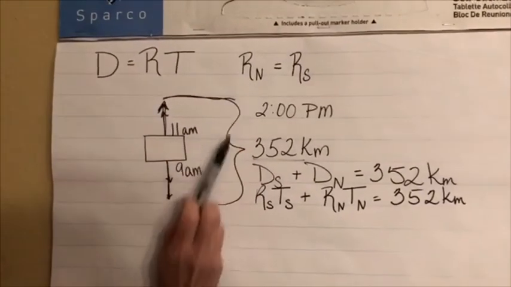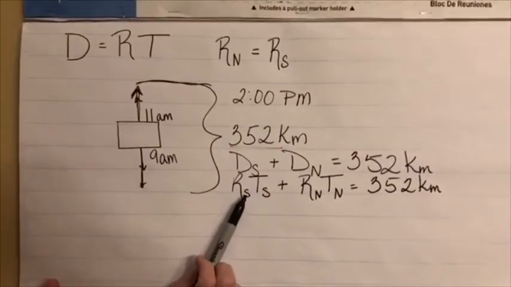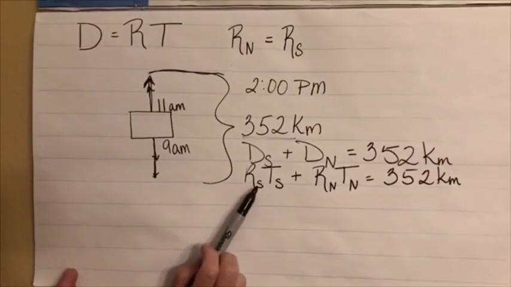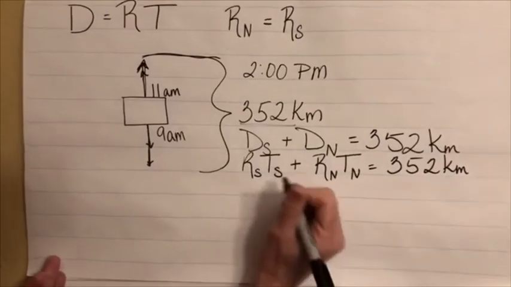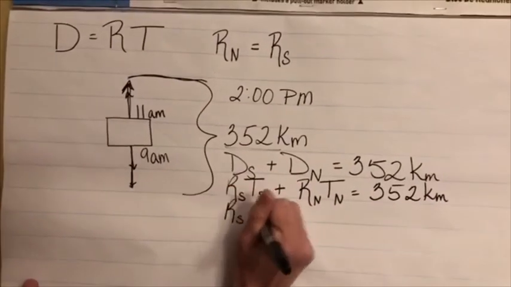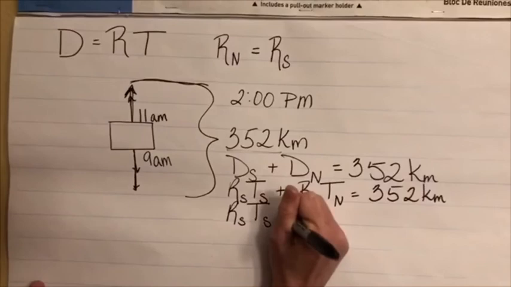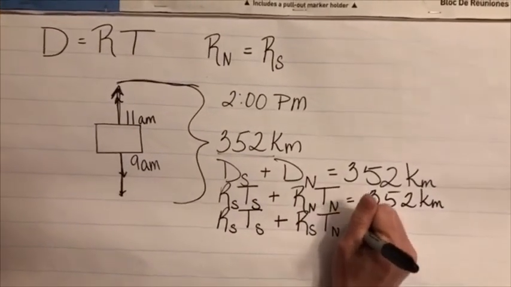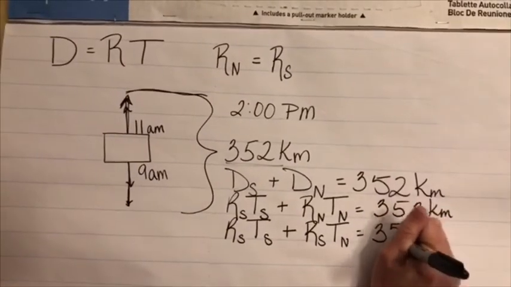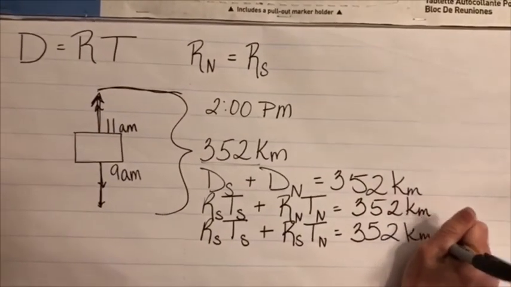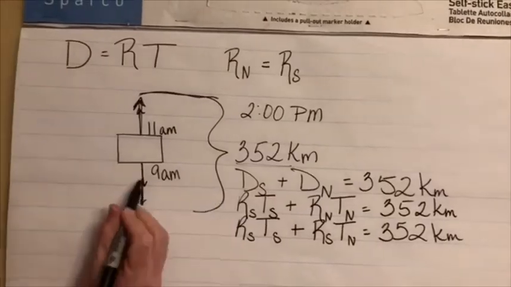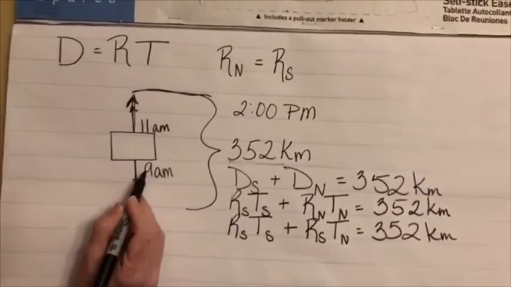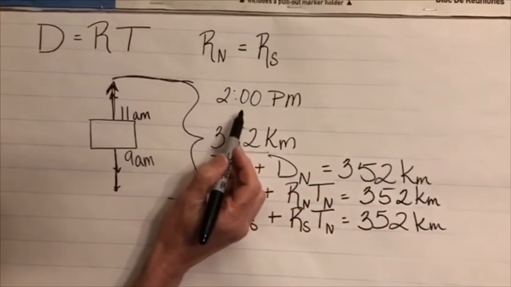So we can actually just use either the southbound or the northbound. We don't have to specify which it is. All right, so I'm just going to say that the rate of the southbound bus times the time of the southbound bus plus the rate of the southbound bus times the time of the northbound bus equals 352 kilometers. We also know a few things about the time. We know that this bus left at 9, the one heading south left at 9, and this measurement occurred at 2 o'clock in the afternoon.